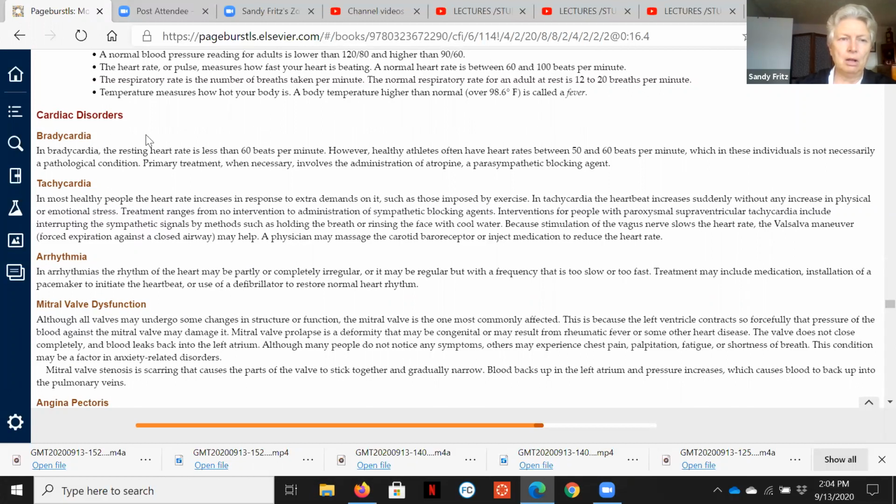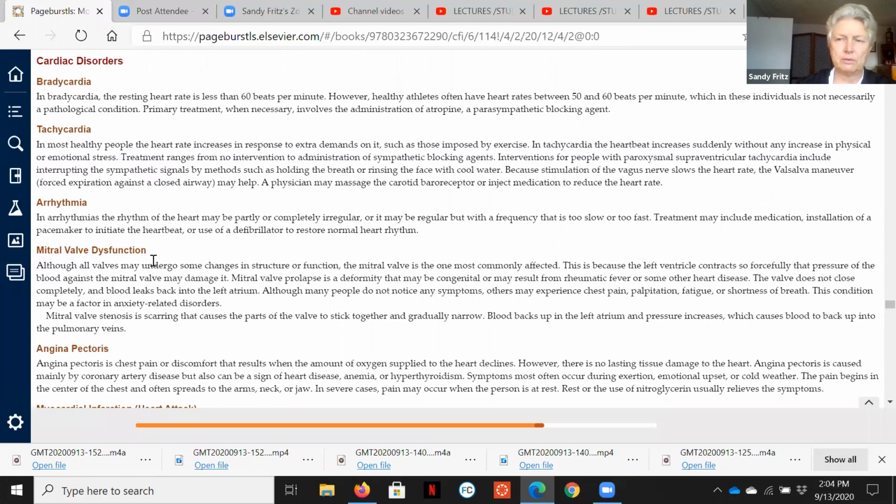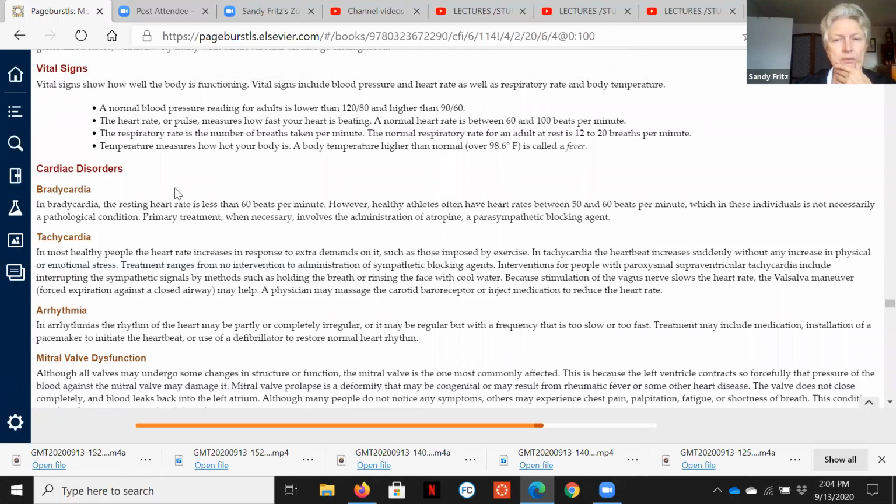And with all of these, the person's just going to feel not very good. If they're just saying, I kind of don't feel very good, there's a condition called mitral valve prolapse that also often goes misdiagnosed or undiagnosed. But if your heart rate's too slow or too fast, or if it's irregular and up and down all the time, that's going to make you feel like something's not right.